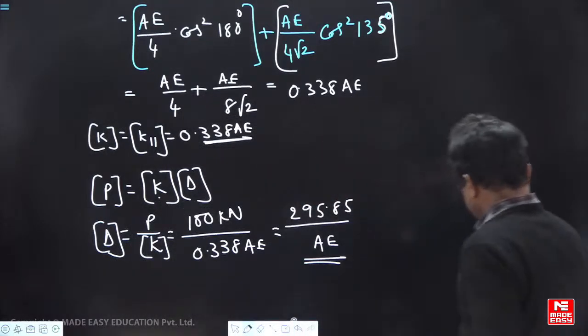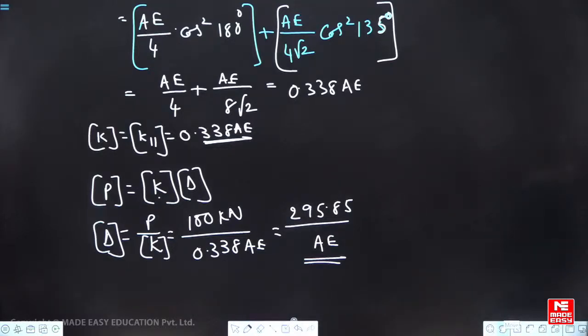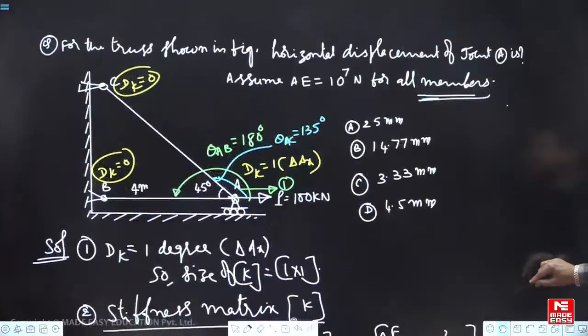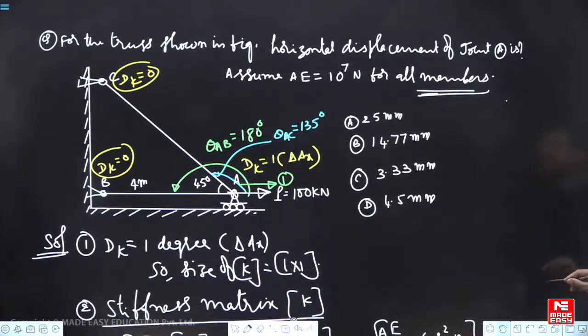If they give you the AE value, we will substitute that value, otherwise we will leave it in terms of AE. AE value is given as 10 to the power of 7.